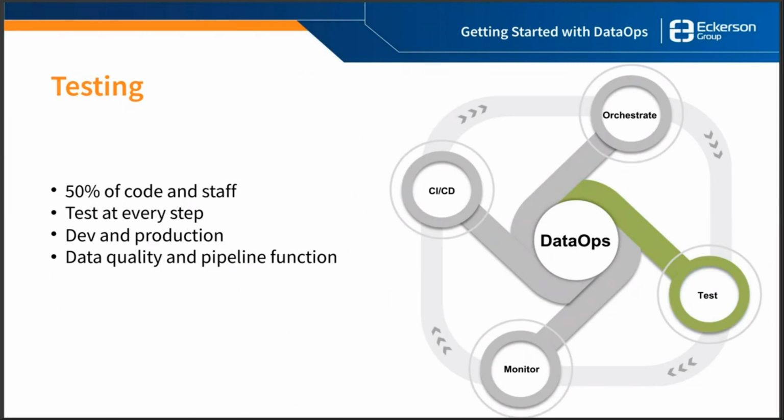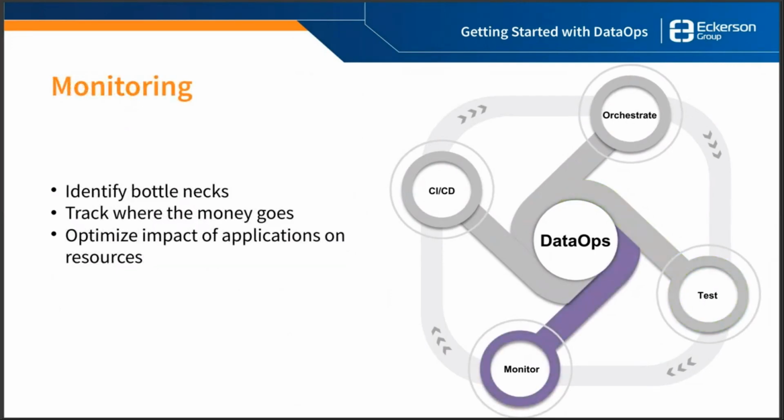And that data changes when things are in production, right? The code is fixed and the data changes in production. In development, typically the data is fixed and the code changes. And so we need to make sure we're testing in both environments so that all of those pieces continue to work over time.